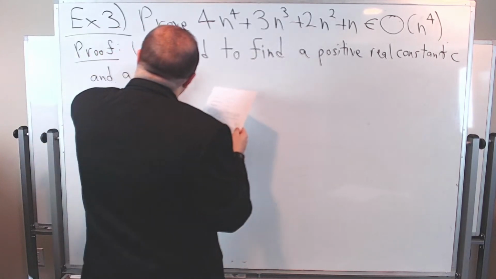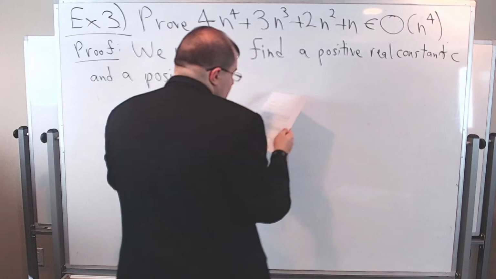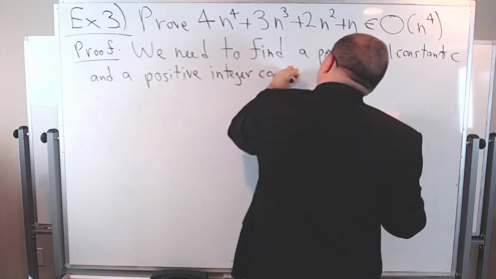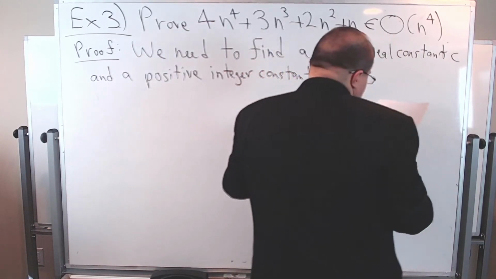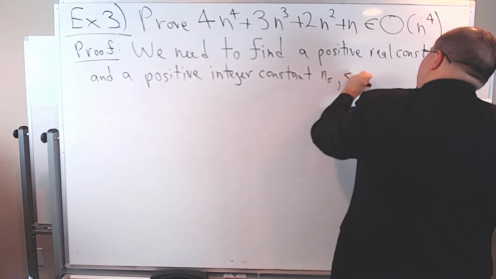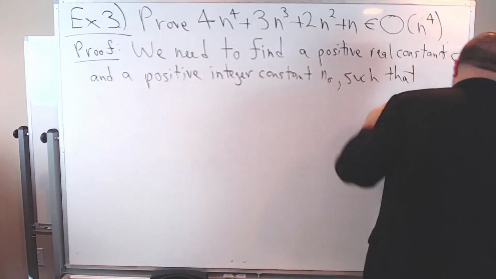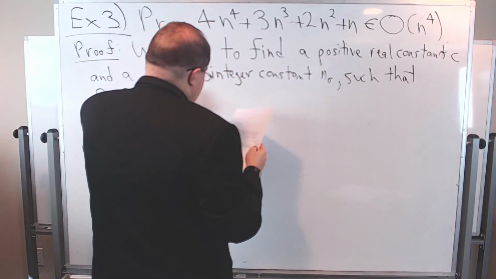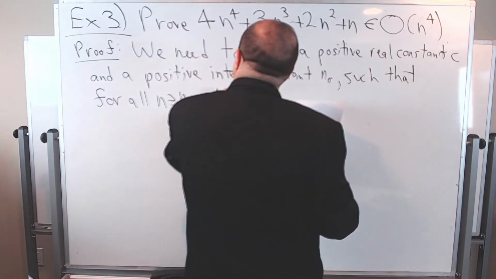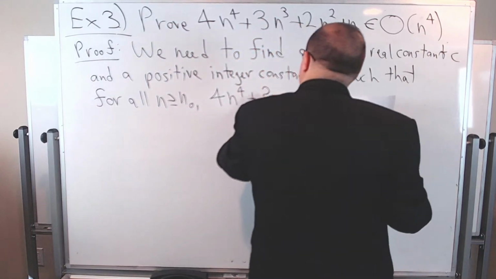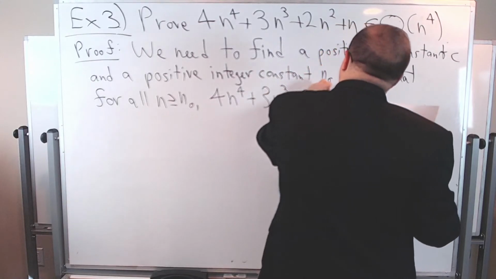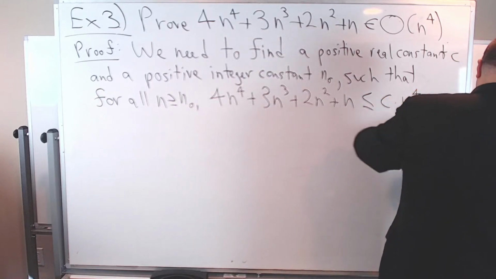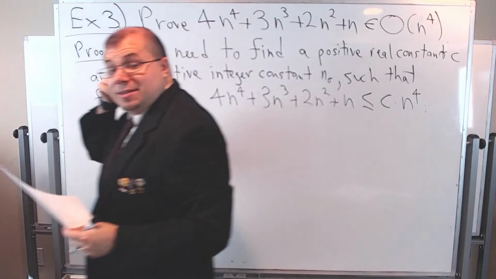And a positive integer constant n0 such that for all n greater or equal to n0, 4n to the 4 plus 3n cubed plus 2n squared plus n is less than or equal to c times n to the 4. Okay, do you have your constant c for me?